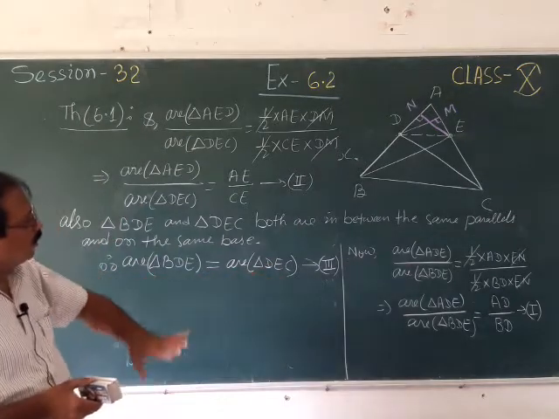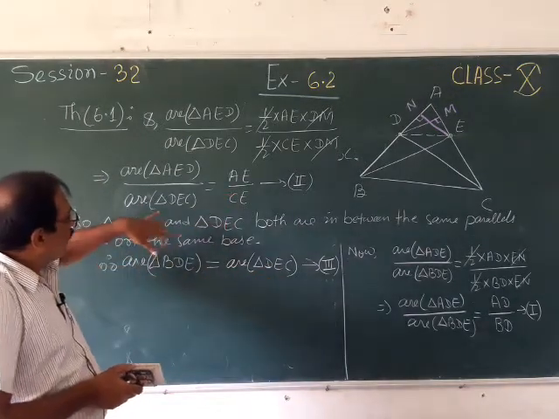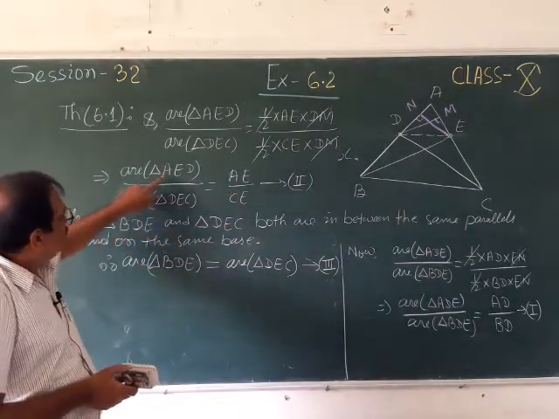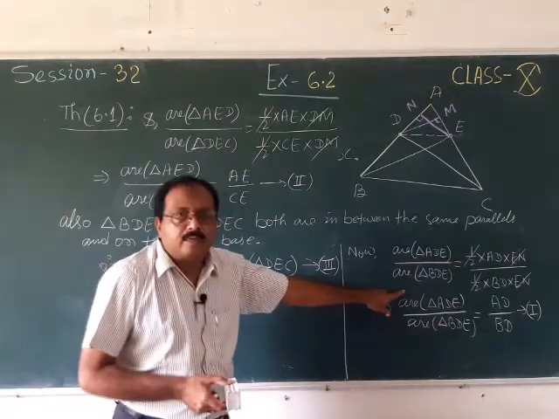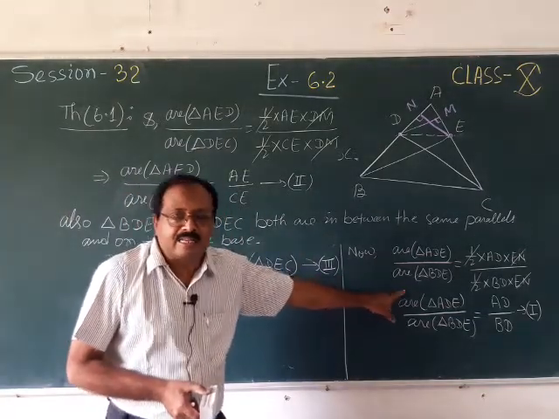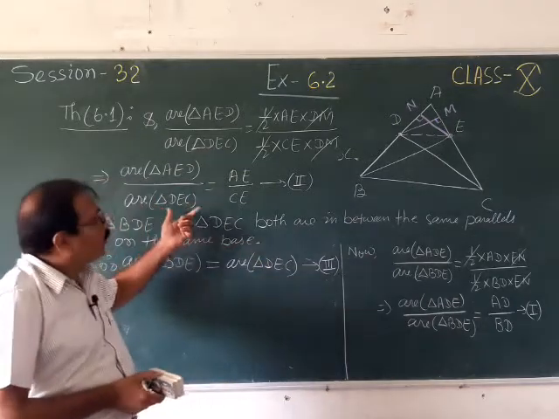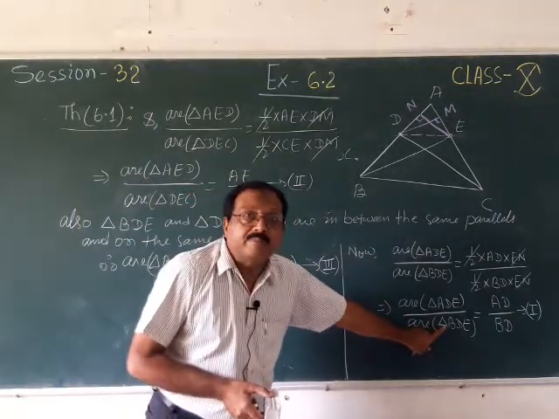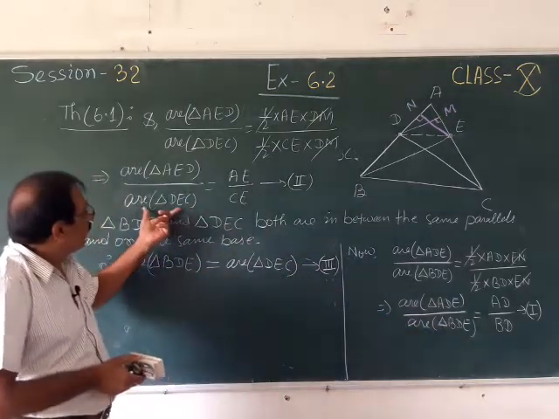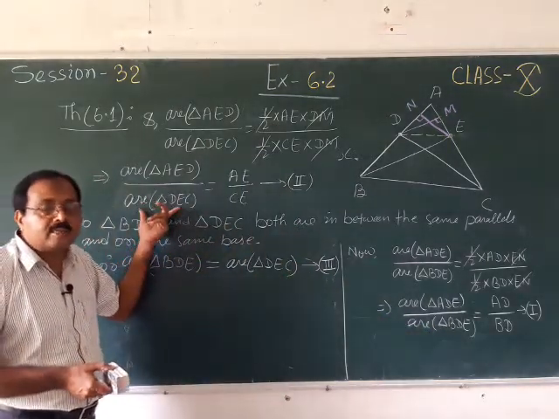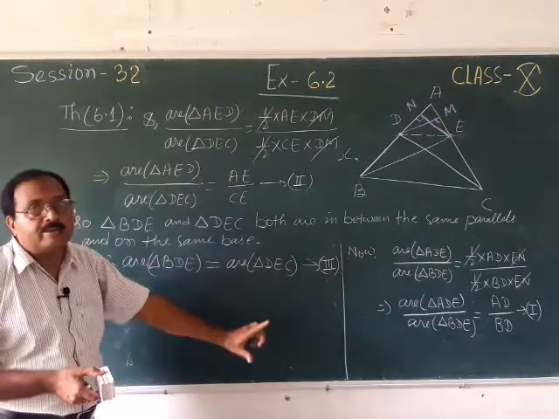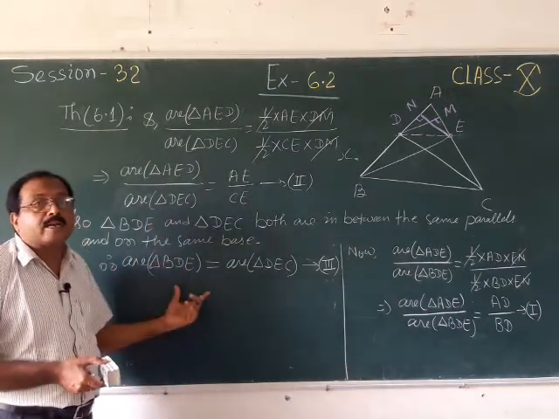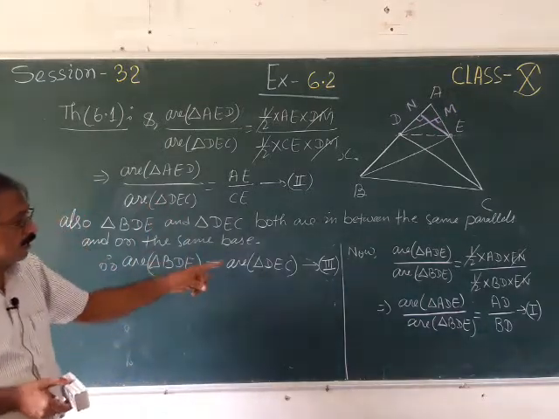So in the first conclusion and in the second conclusion, you have seen that AED and ADE both are the same triangle. That means their areas are equal. And at the denominator, in the first you have written area triangle BDE, and in the second you have written area triangle DEC. Actually both have the same area. This conclusion you are writing in statement number 3.